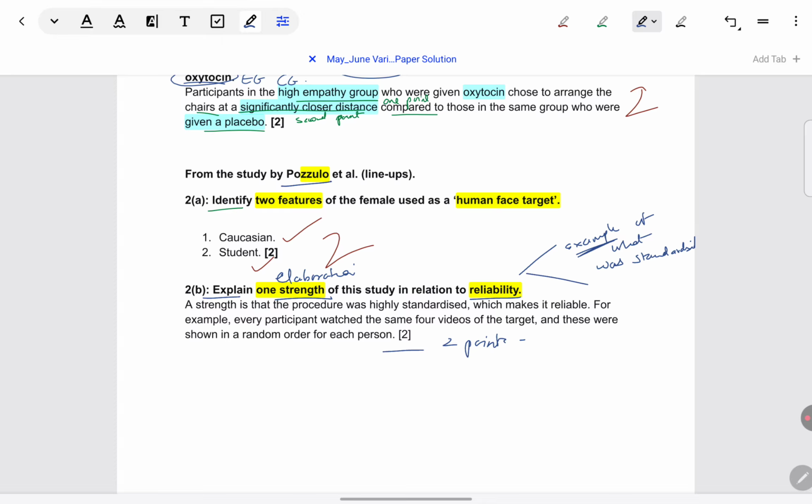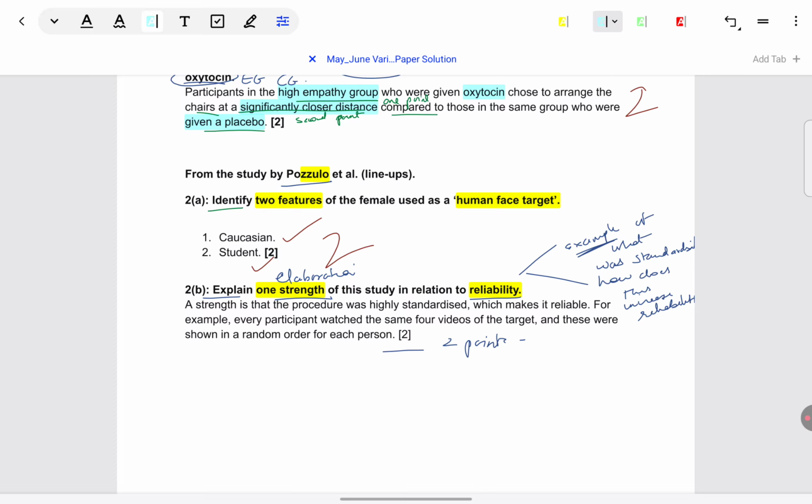Second, how does this increase reliability? How does it make the results consistent? Which results are being made consistent? Something like that you have to comment on to get the second mark. So, anytime they ask you about reliability, examples of standardization are key, and then explaining how this is making the study reliable. Let's read the model answer.